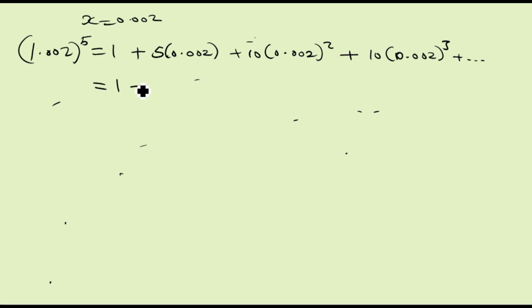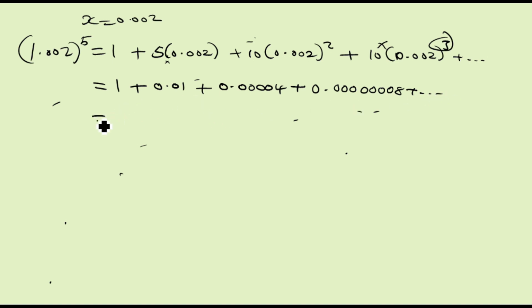Simplifying, we shall have 1 add to 0.01, because 5 times 0.002 gives you 0.01, and then add to 0.00004, that is if you simplify 10 into 0.002 squared, and then add 10 into 0.002 raised to power 3, that will give you a value of 0.0000008, and so on.